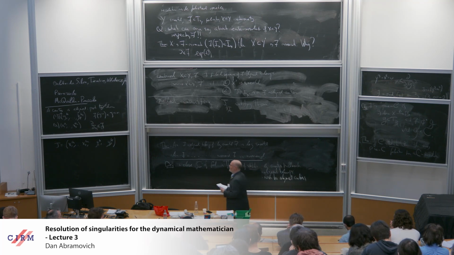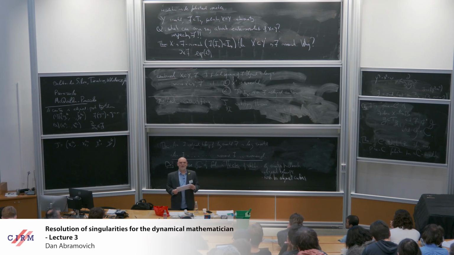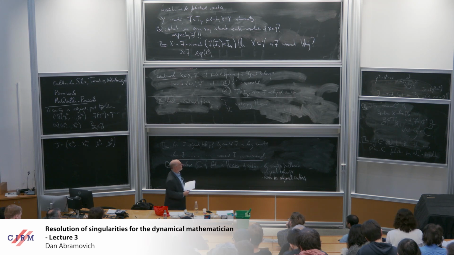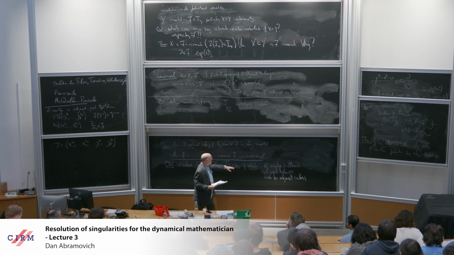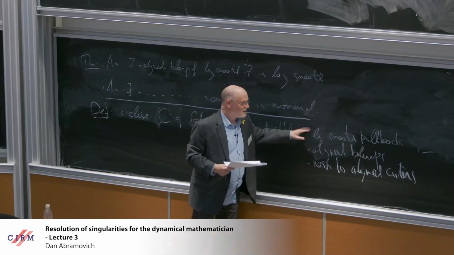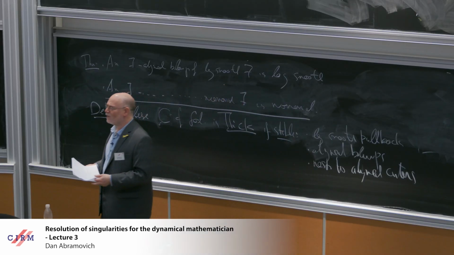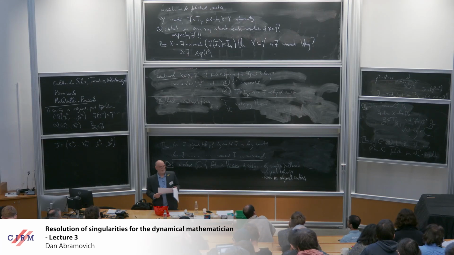And I suspect that a pre-log canonical foliation has a log canonical reduction. All you need to show is that the class of log canonical foliations is thick.